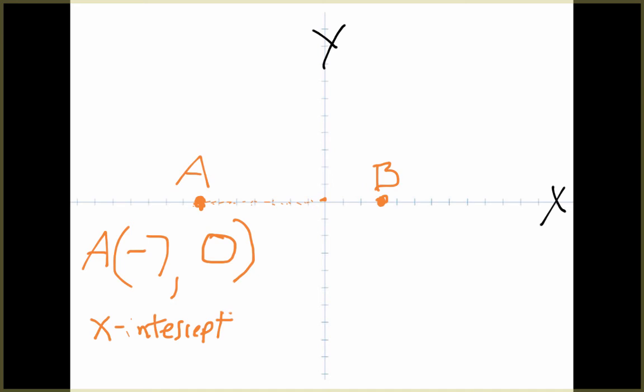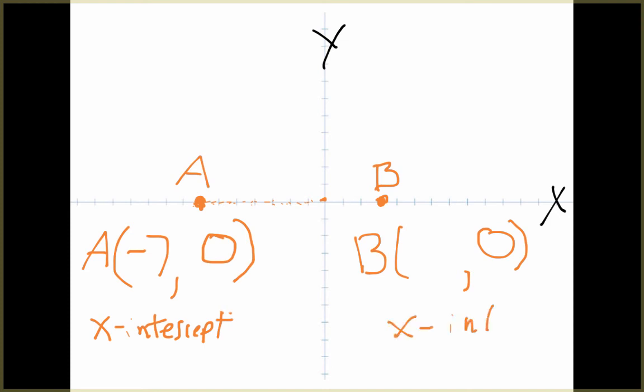Point B is on the x-intercept or x-axis. So I know it's an x-intercept. I'm going to go ahead and plug in that 0. Now, I got to figure out my x-coordinate.